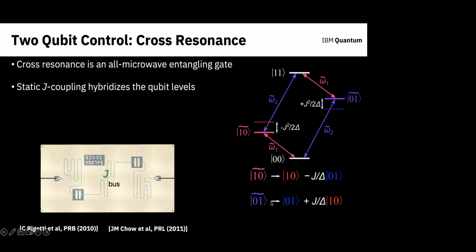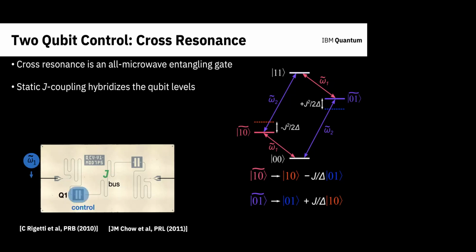And an excitation of the target qubit is mostly like the target qubit, but becomes a little bit like the control qubit. This is a very slight hybridization we call the dispersive regime. And that's how we understand things, because it's easy for us to understand these things being slightly coupled to each other, but you can generate effective Hamiltonians to deal with what the control gates do to the system.